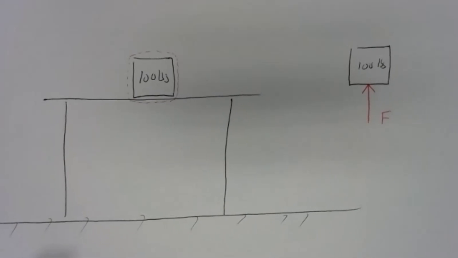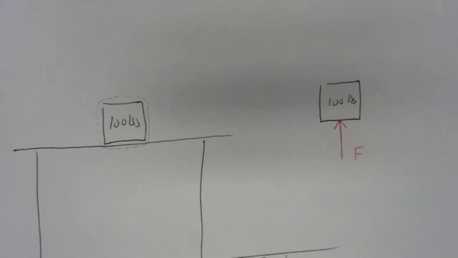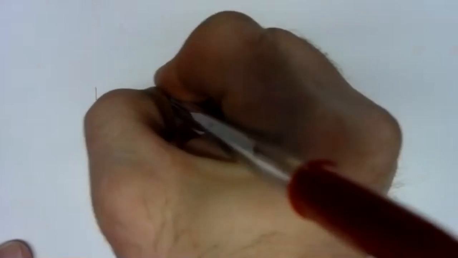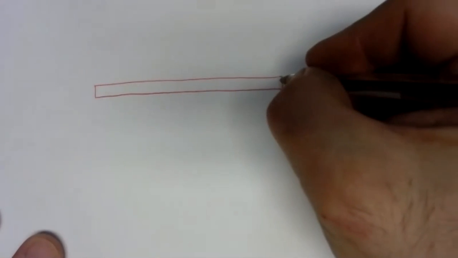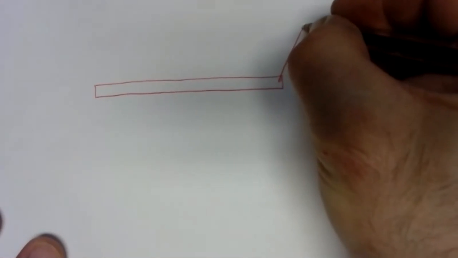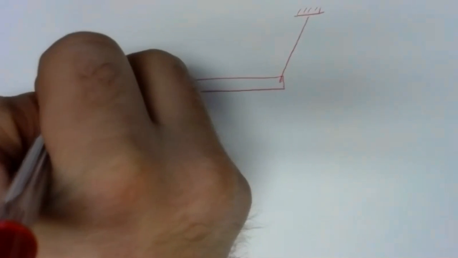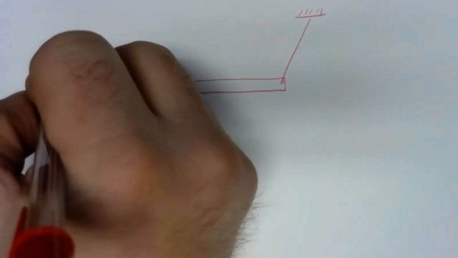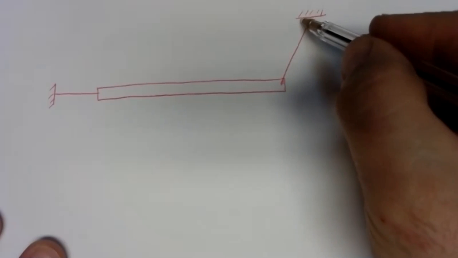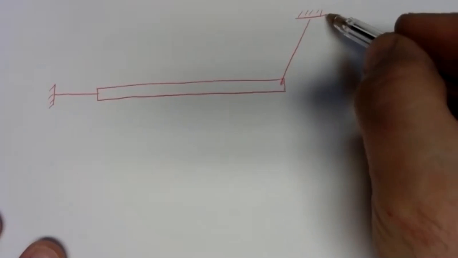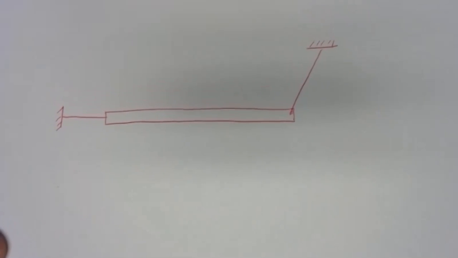Let me show another example here where we've got a few ropes hanging on an object. So here we've got this beam. Maybe we'll tie a rope to the ceiling over here. Maybe we'll tie something to the wall over here. This little symbol with a line and the little slants drawn off of it is kind of the universal symbol for some sort of structural anchor.